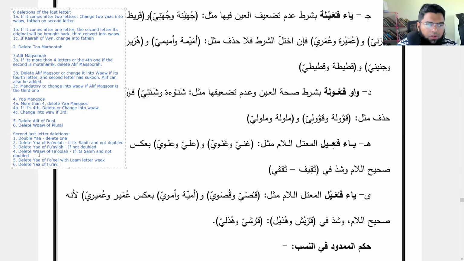So fa'il, fa'ila, fu'ail, fu'aila, and fa'ula. All the six, second letters which are a problem. So fu'ail, when do we delete? If the lam letter is weak. So for masculine, we are only concerned if the last letter is weak. Like Qusay, so Qusawi.